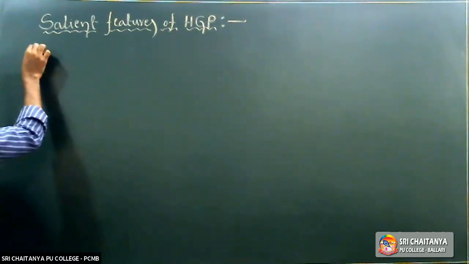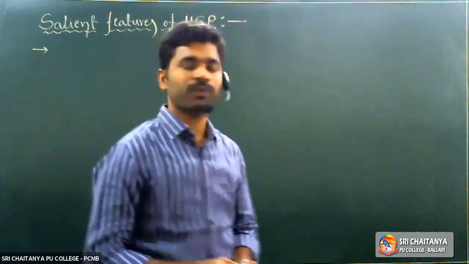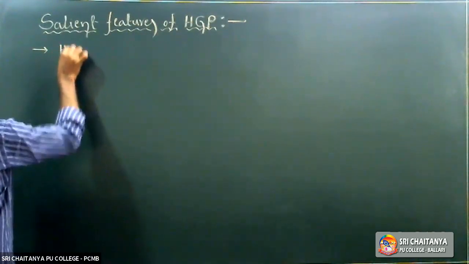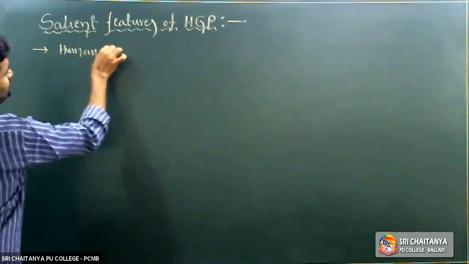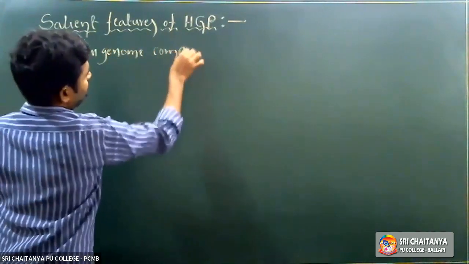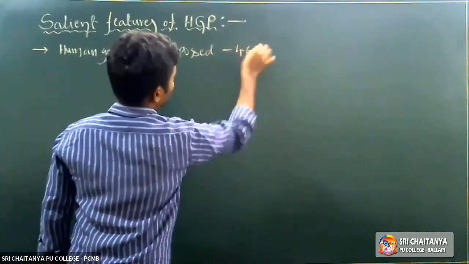In that, the first important feature is that the human genome is composed of 46 chromosomes.